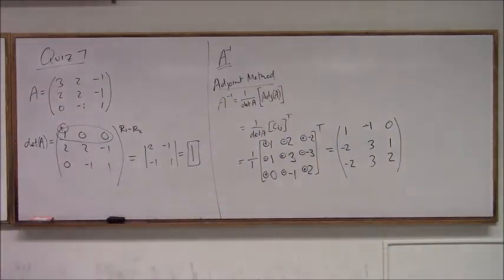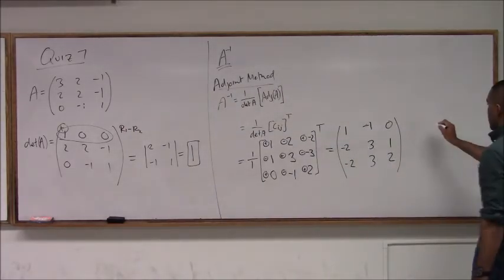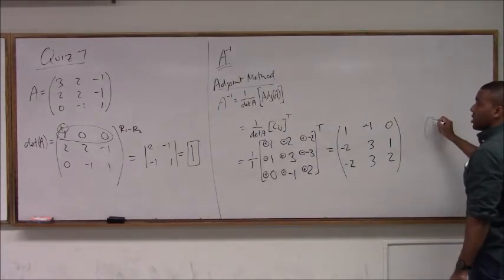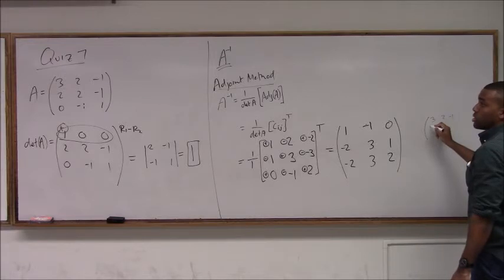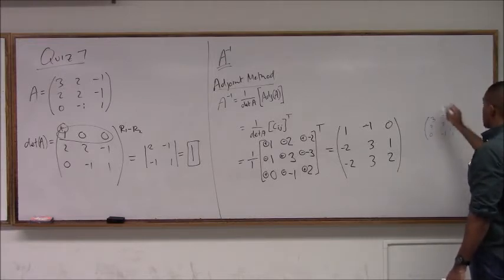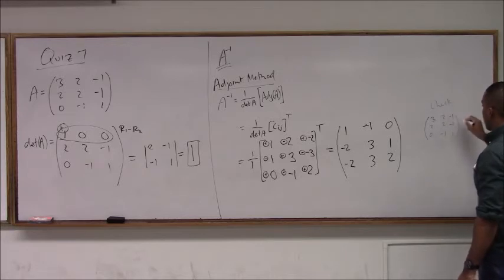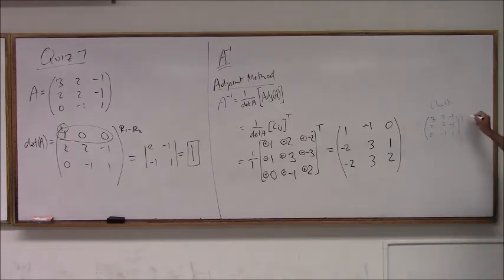Is that the answer? Let's check to make sure we didn't make a mistake. I think I gave you guys enough time to actually check that. So let's do 3, 2, minus 1; 2, 2, minus 1; 0, minus 1, 1. Here I'm doing the check. If I multiply these two, I should get the 3 by 3 identity.